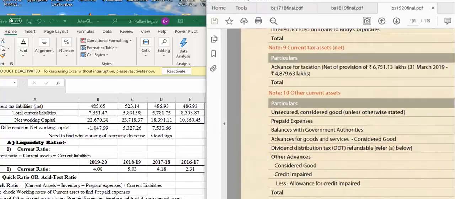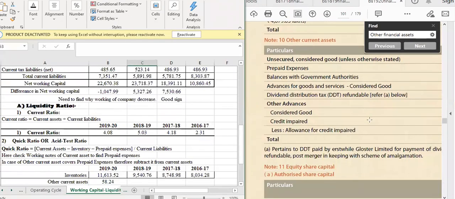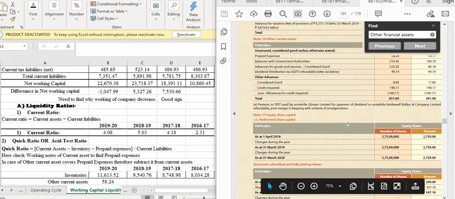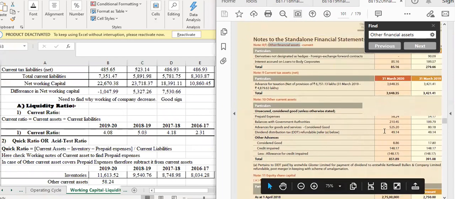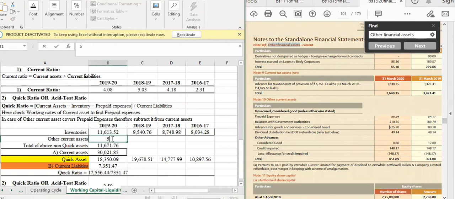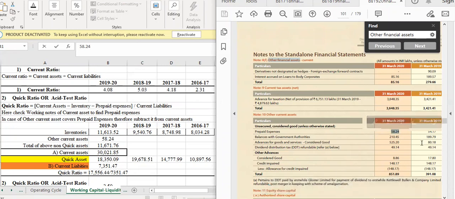Okay, I will just show you both the things parallelly. Okay, so I hope everybody understood how to see. So this is prepaid expenses, so this is 58.24. Okay, it is given, here it is given prepaid expenses 58.24.